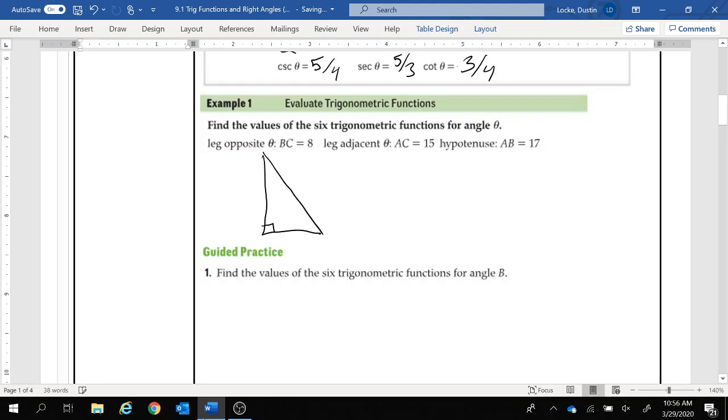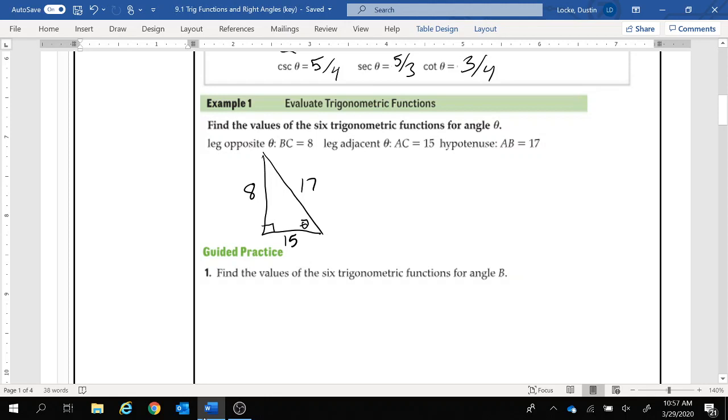And keep in mind, all these sine, cosine, tangents, everything we're working with here, are when you deal with right triangles. So the opposite side is going to be 8. The adjacent side is 15. And the hypotenuse is going to be 17. Now you can label these if you want. I'm just going to leave them without the A, B, and C on there. As long as you understand which side's opposite, adjacent, hypotenuse, that's all that really matters.